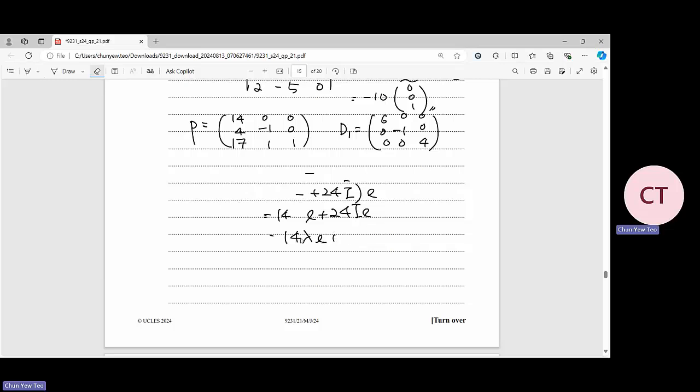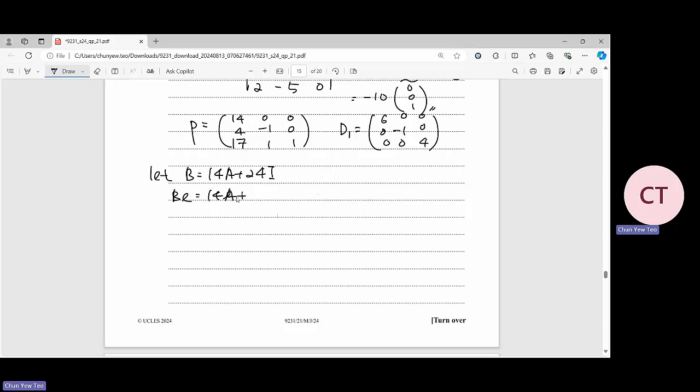But actually, the mark scheme, they just directly solve it. I think I need to explain further for you all to understand better. So over here, I just let B be equal to 14A plus 24I. If you multiply by the eigenvector E, like I mentioned, the mark scheme didn't explain in so much detail, so I just write it over here.